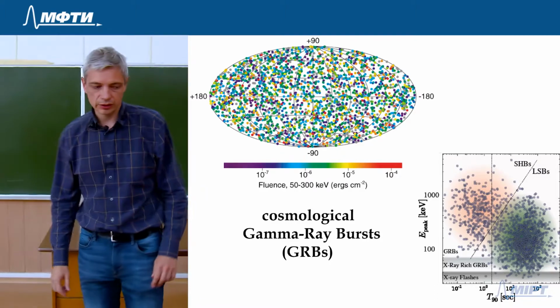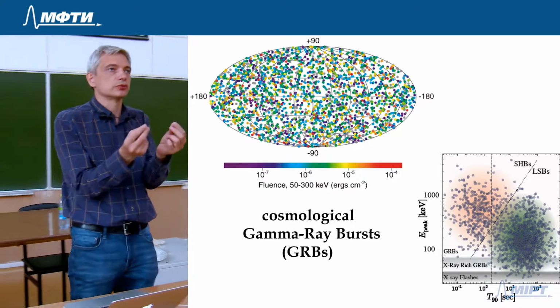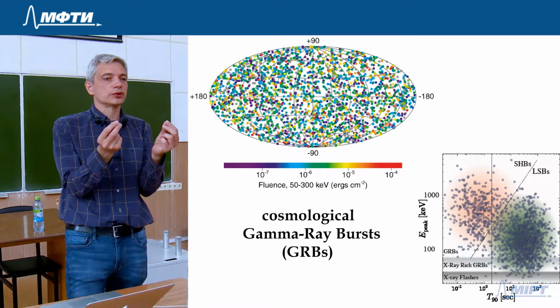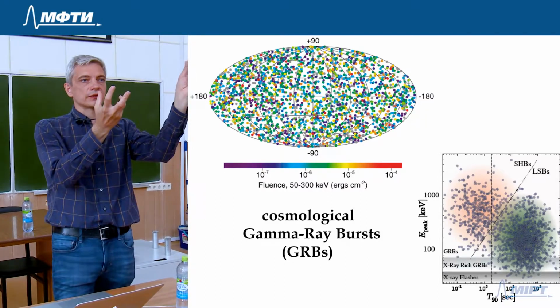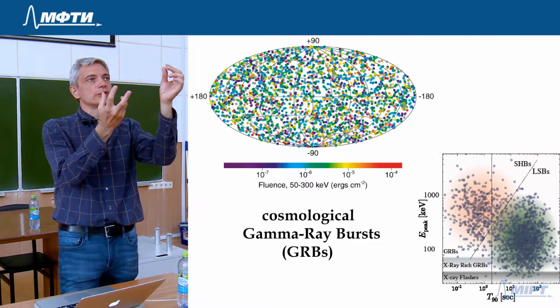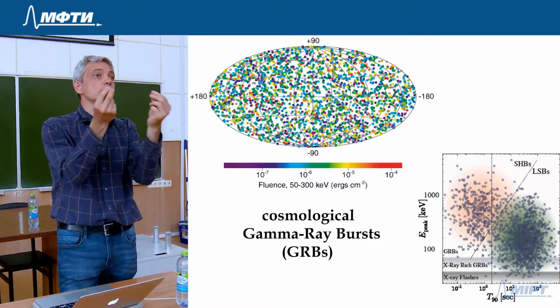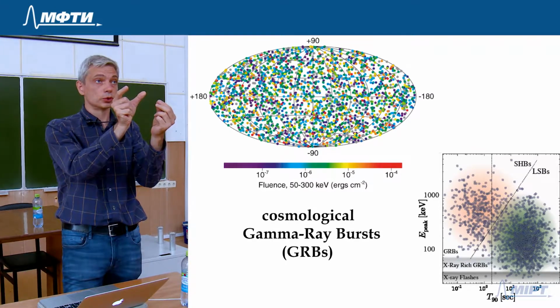And the idea, which was around for a long time, is that short gamma ray bursts are produced by neutron star mergers. It was consistent with the position of these bursts on the sky. They're usually offset from their host galaxies, and therefore it's consistent with a very old system. Two merging neutron stars are normally a very old system because it takes a long time for a neutron star binary to merge.